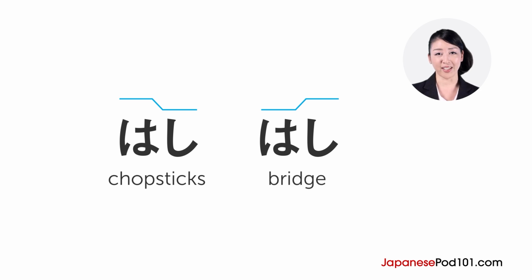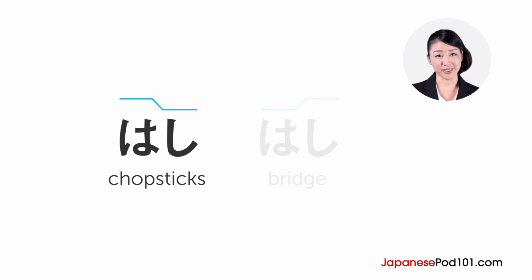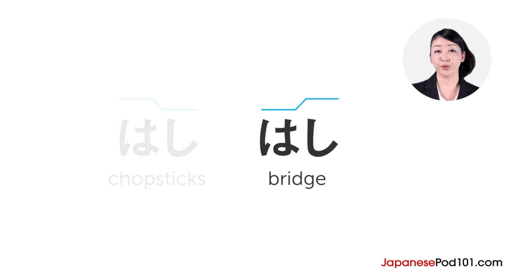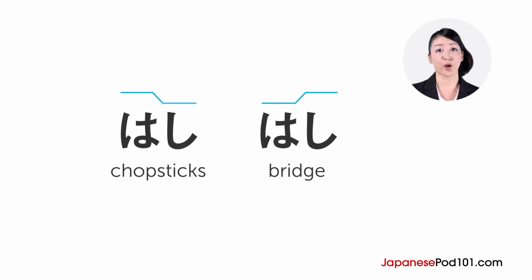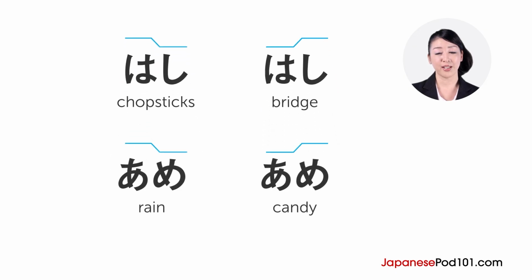Let's hear the difference again. Hashi, chopsticks. Hashi, bridge. In Japanese, each syllable is basically pronounced with a high or low pitch. And each Japanese word has its own pitch accent pattern. This is important to understand. We will teach you the secrets of Japanese pitch accent in Lesson 10.